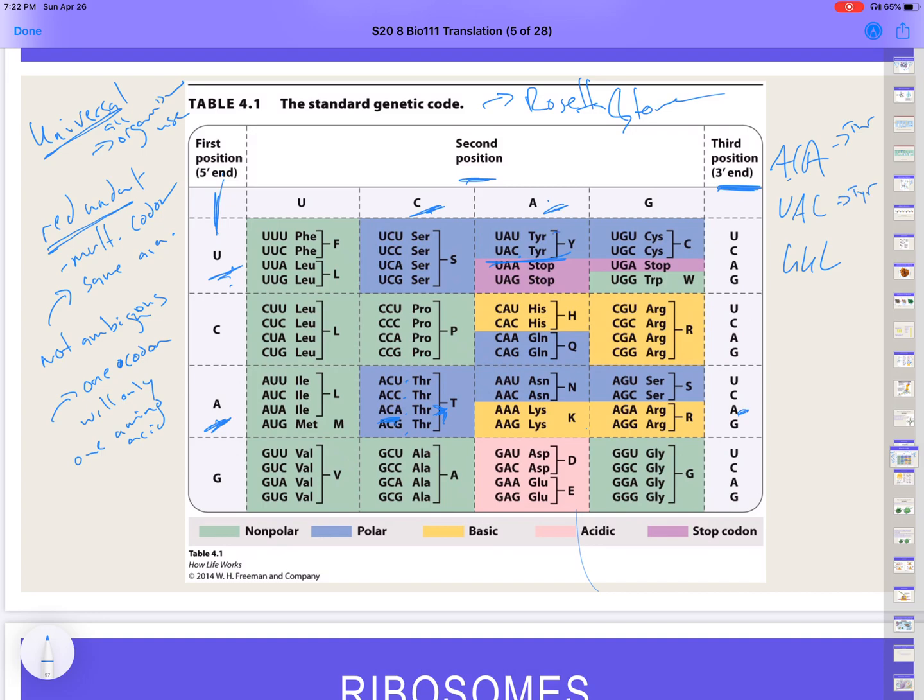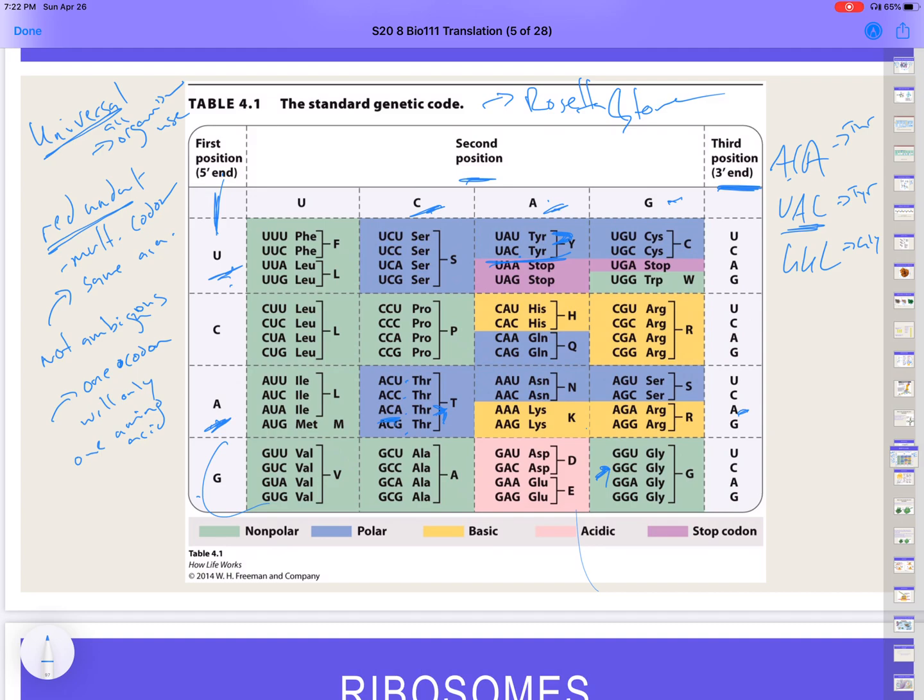So there are multiple ways to get to tyrosine, UAU or UAC, but UAC is always tyrosine. It's never going to be anything else. And then the same for GGC. G is down here. GG here, C. So GGC over there. And this is always going to be the glycine.